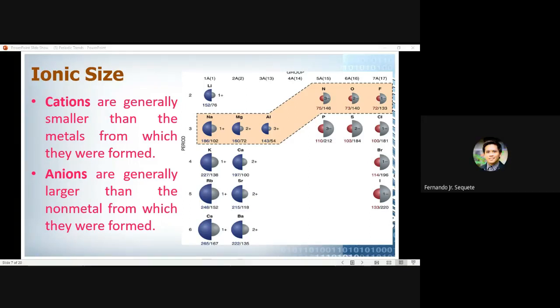The smaller the ionic size. Yes, Risman. Okay, so it's the opposite there. According to Risman, what happens with anions is the opposite of cations.